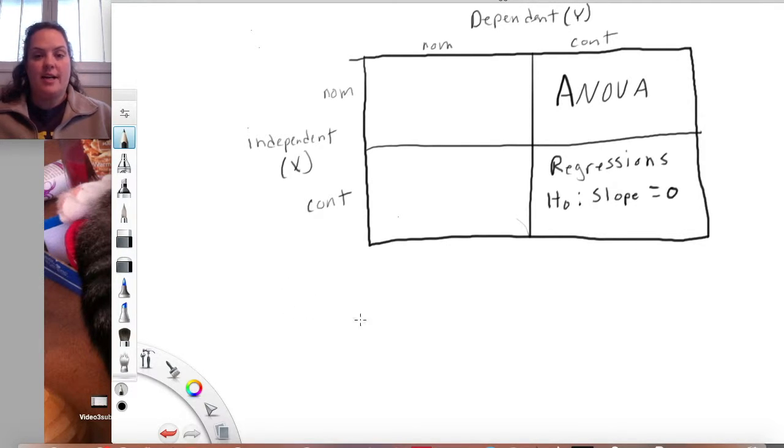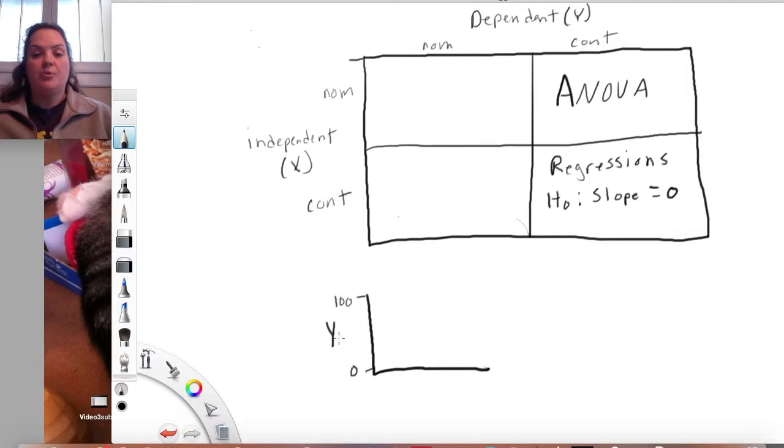Just a side note: when we perform a regression, we're always going to have our dependent continuous variable on our y-axis, and as I said in our bestiary video, this is continuous. It can be between any two numbers. This number could be 1,000. It could be whatever you want it to be.